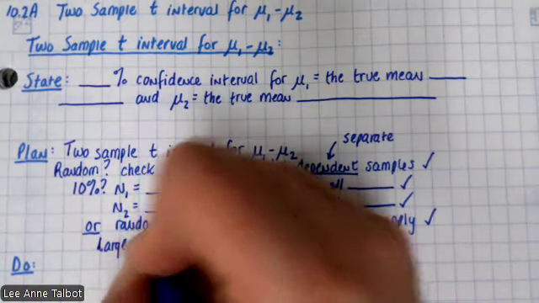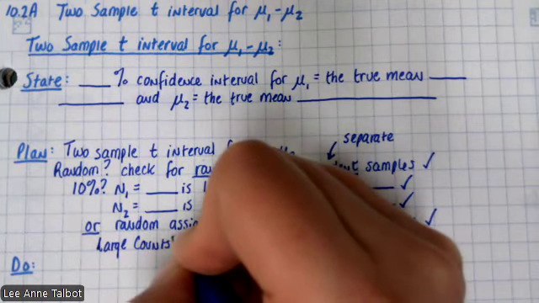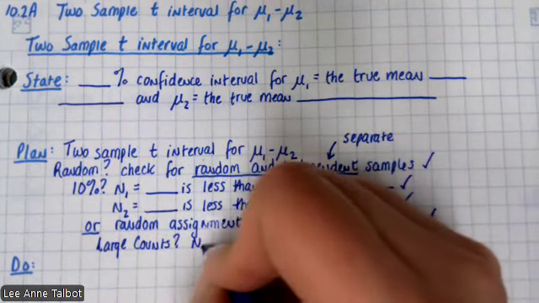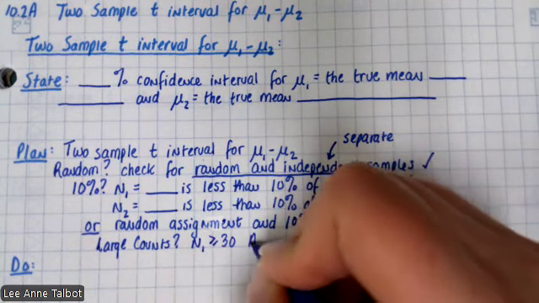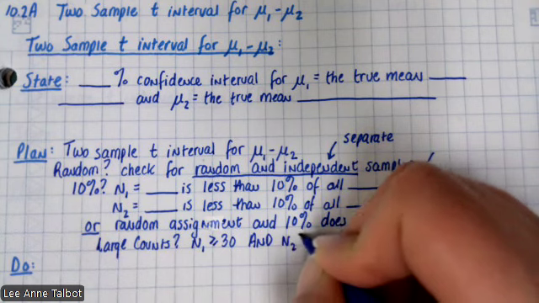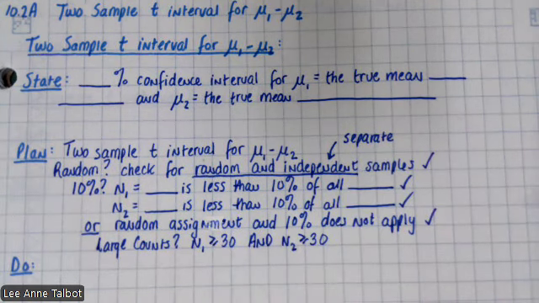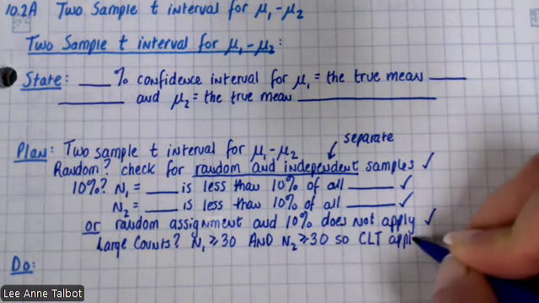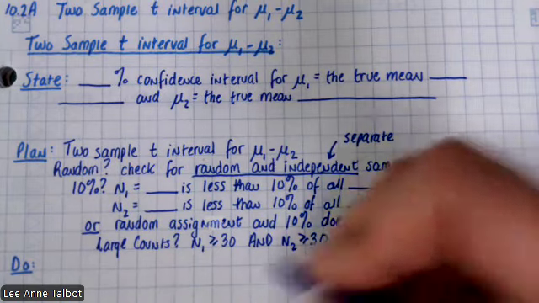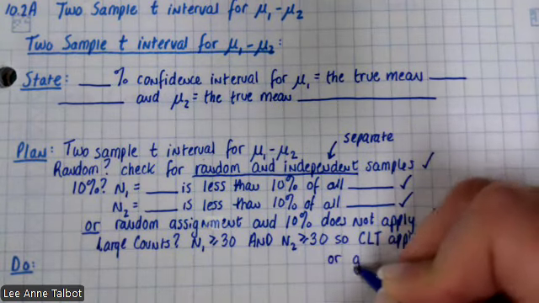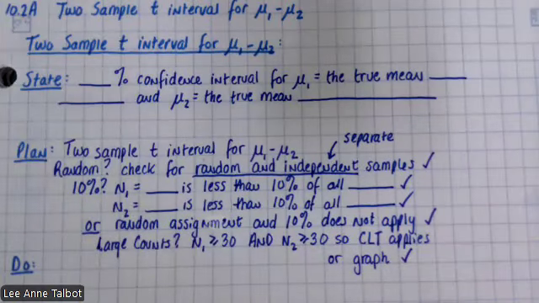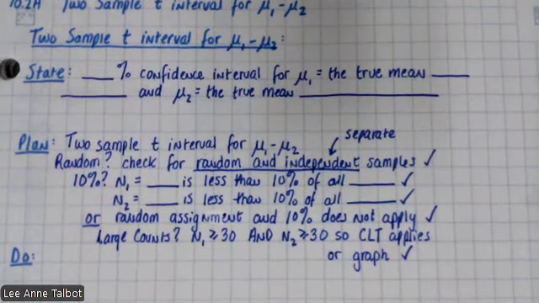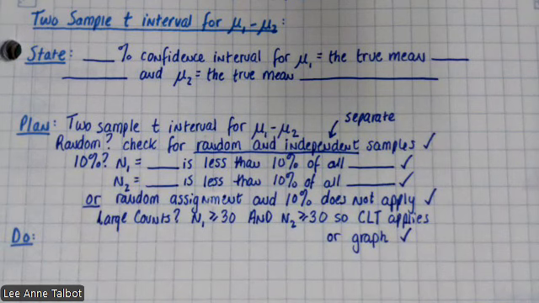Okay. Large counts. Both sample sizes have to be greater than or equal to 30, so CLT applies, or you have to do the graph.